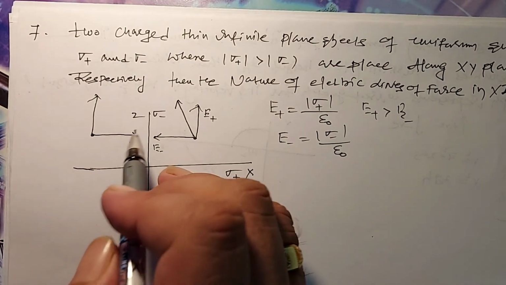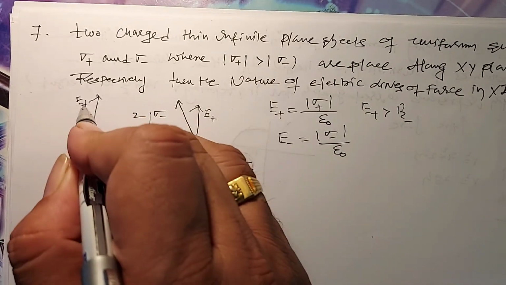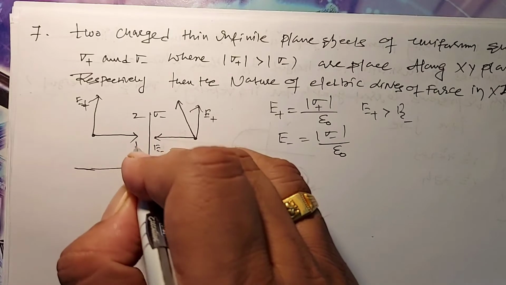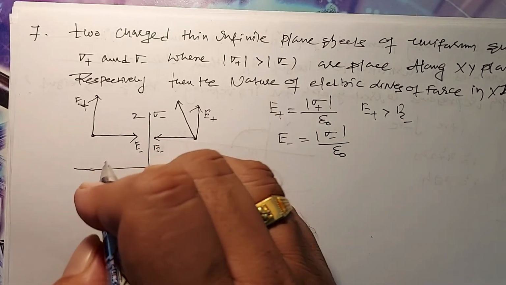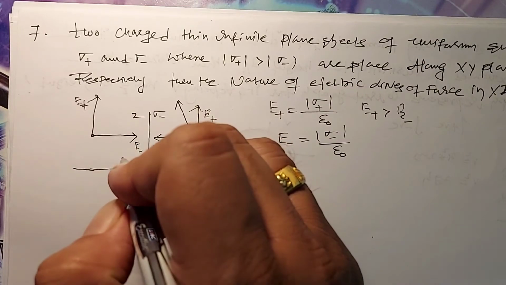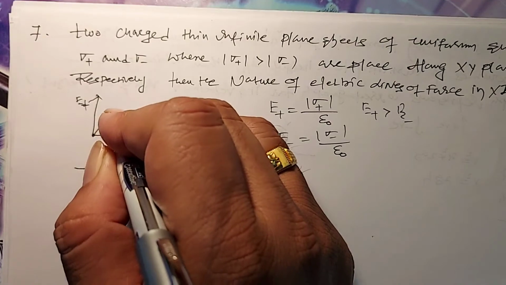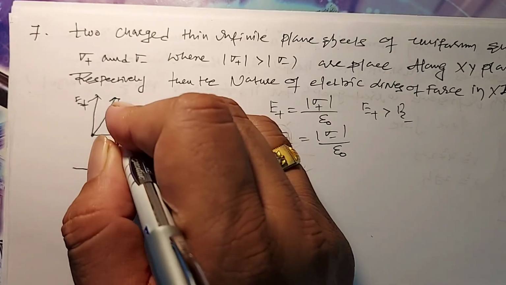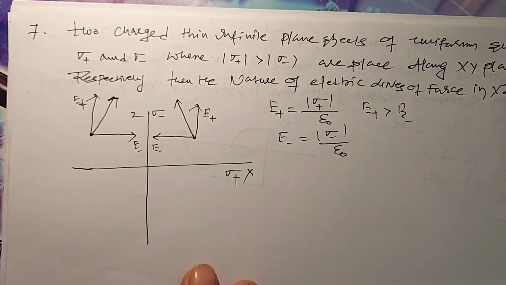Since sigma plus is greater than sigma minus, this is the electric field intensity due to the positive charged plate and this is due to the negative charged plate. Due to E plus being greater than E minus, the resultant electric field intensity is not exactly 45 degrees. It is very close to E plus along this direction.